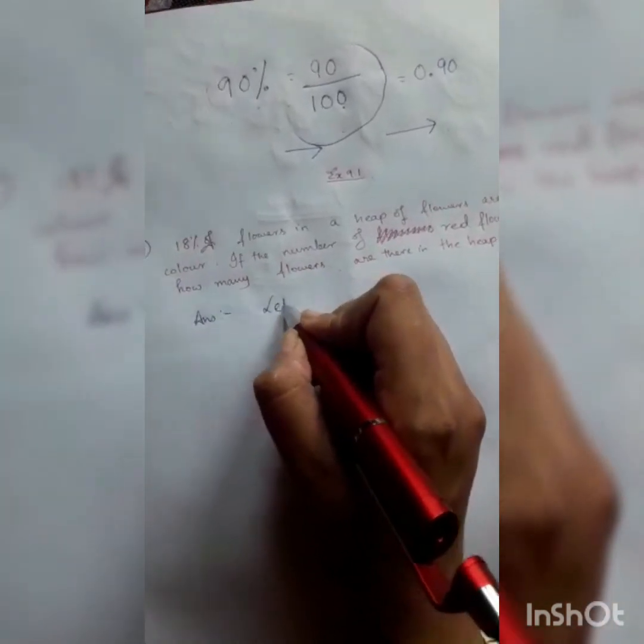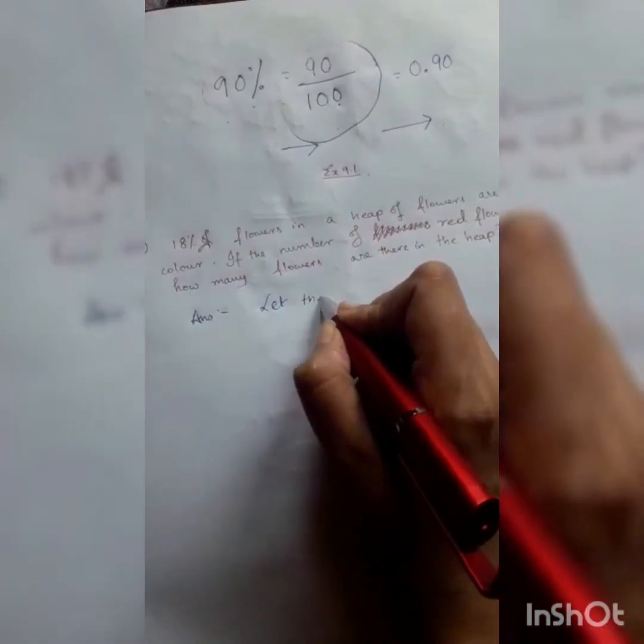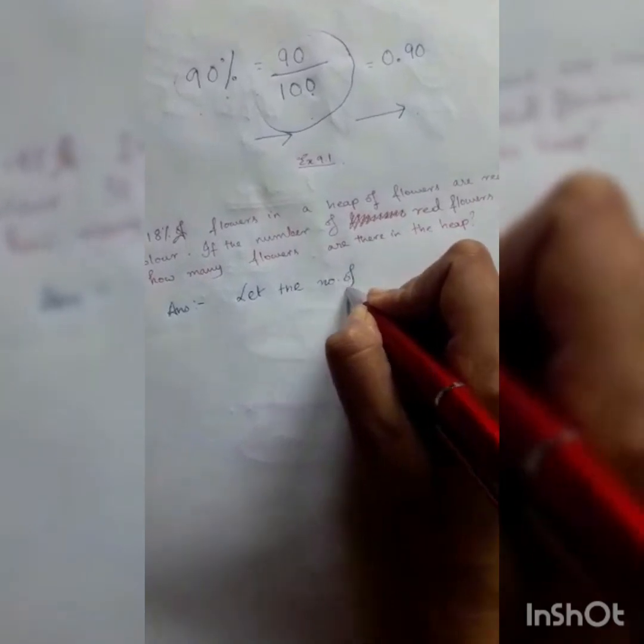So, let us take the number of flowers in the heap as x.